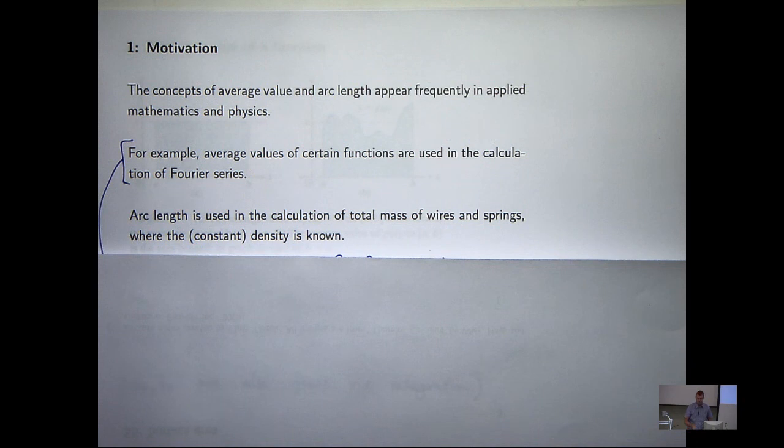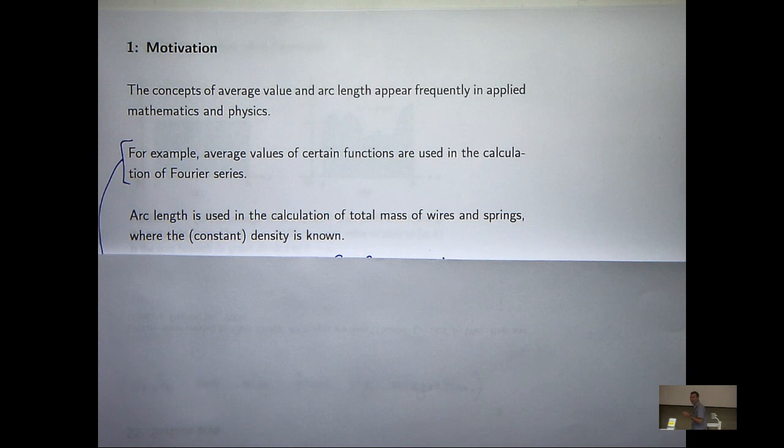All right, so first of all, let's motivate the topic. Why do you want to learn about arc length and average value of a function? Well, let me give you two examples.